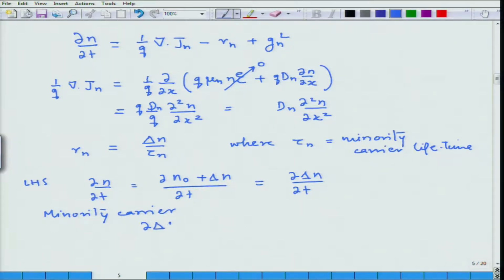Rather than writing it for the total carrier concentration, we write an equation for excess carrier concentration, which is going to be given by d n, second derivative of the concentration gradient, plus g of.